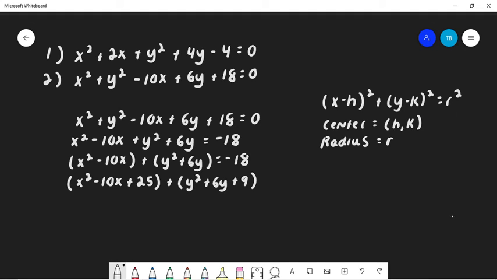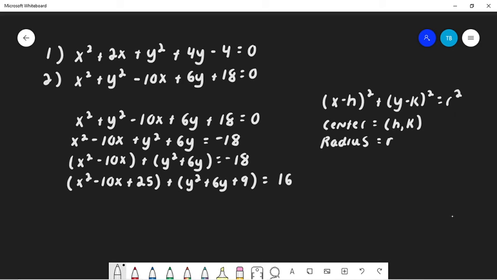So we've added two numbers to the left-hand side of the equation, 25 and 9, that's a grand total of 34. So then we're also going to have to add that to the right-hand side of the equation. Now we already have negative 18 on the right-hand side, so negative 18 plus the 34 is going to give us 16. So now our new right-hand side of the equation is equal to 16.